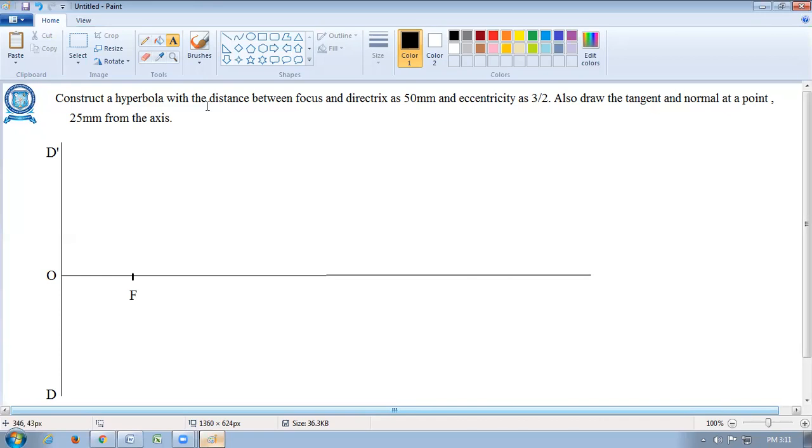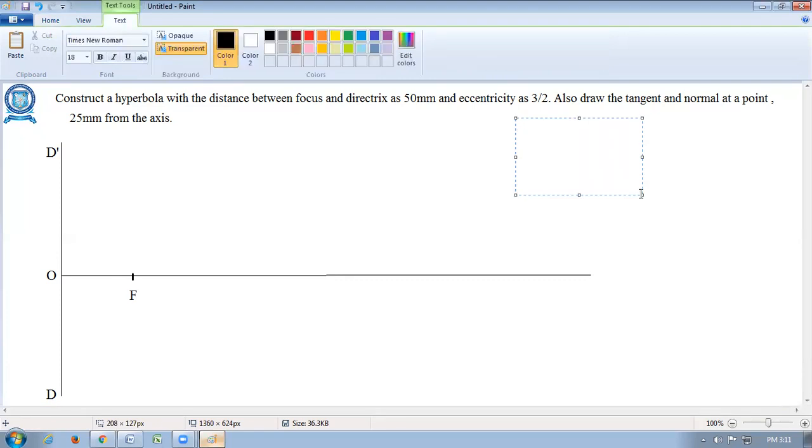Then the third step is we have to fix the vertex point. How to fix the vertex point: they have given the eccentricity as 3 by 2.